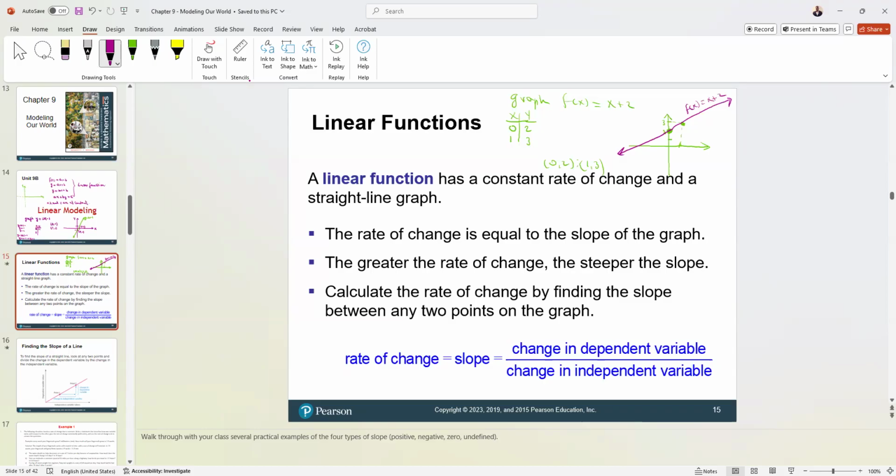So to calculate the rate of change, we find the slope between any two points. We said rate of change is equal to the slope. That means change in y over change in x. Slope, we usually call it m. That means it's the change in the y values over the change in the x values.